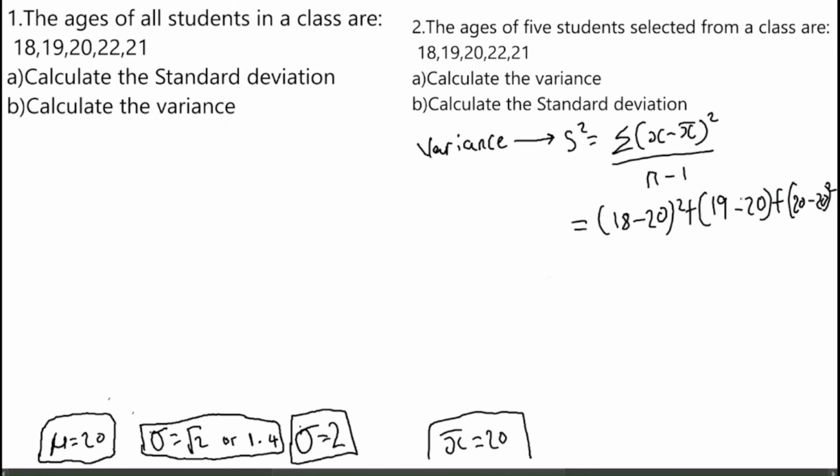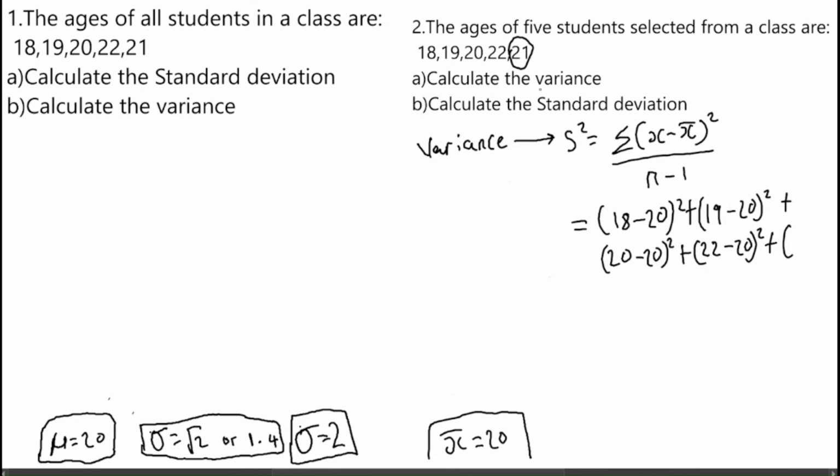Do not forget to square. Plus 22 minus the mean, which is 20 square, plus 21 minus 20 square. Our n, that is the number of the data values, 1, 2, 3, 4, 5, is 5. So 5 minus 1.